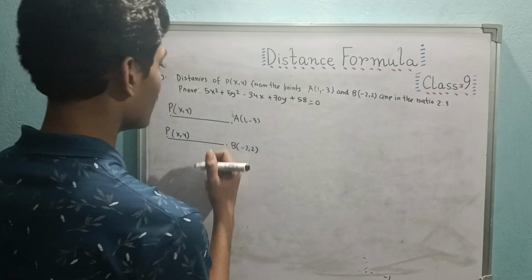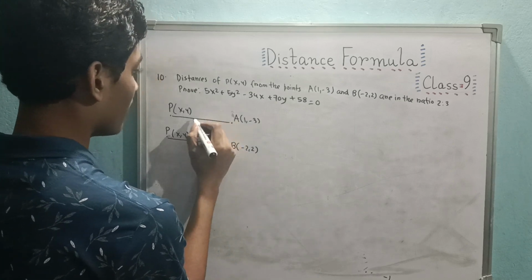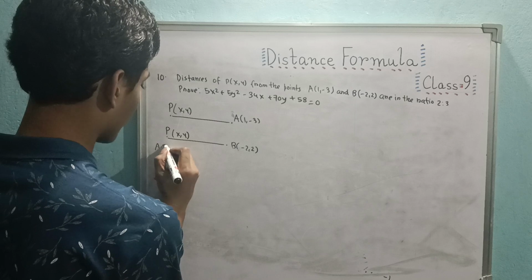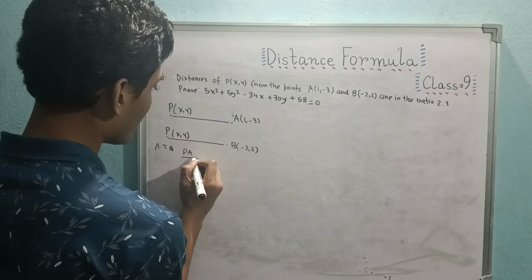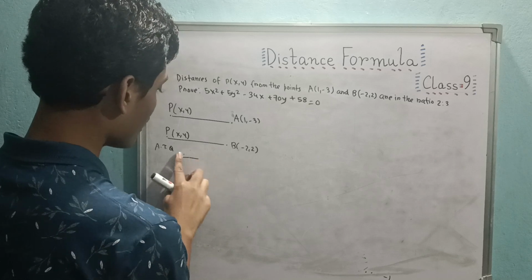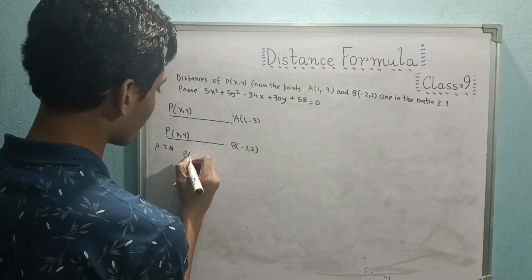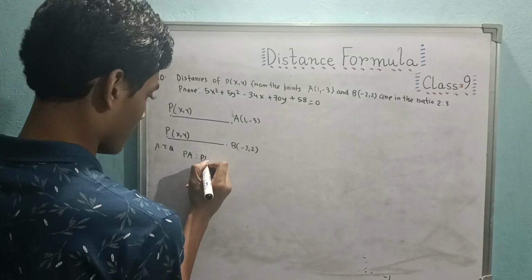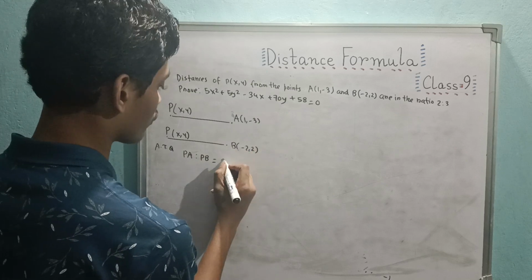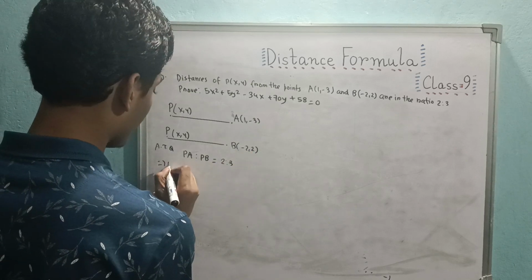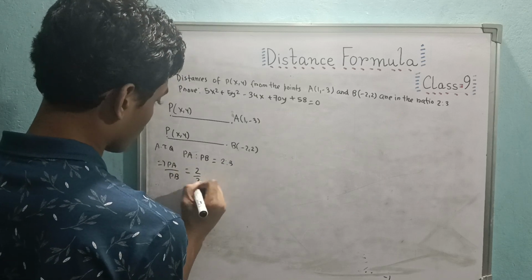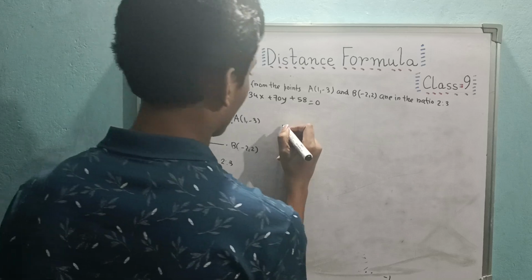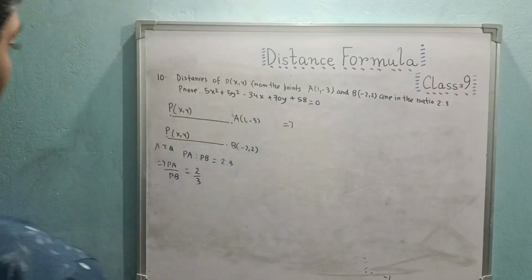They are telling that, according to the question, PA is to PB, the distances, equal to 2:3, or PA by PB equal to 2/3.